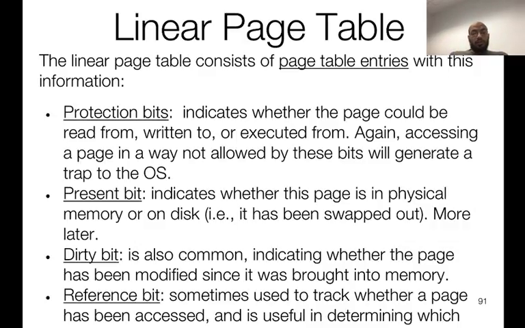And then a reference bit, which is used to track whether a page has been accessed or not. This is useful because if you're swapping, or if you want to clear your memory, you check the reference bit, and the popular pages stay in memory while the other pages move out.